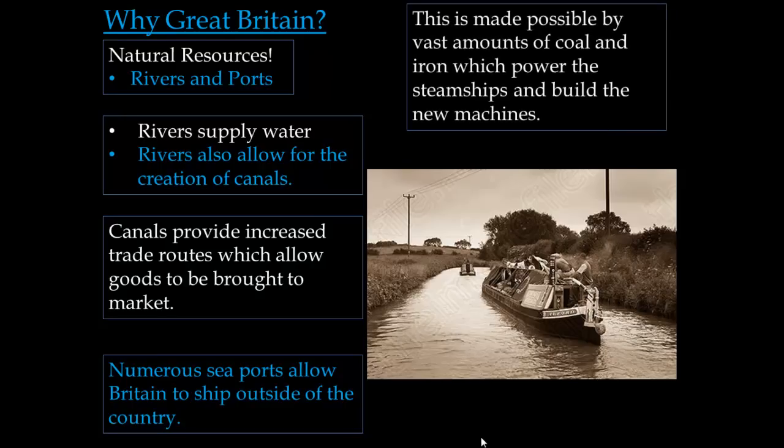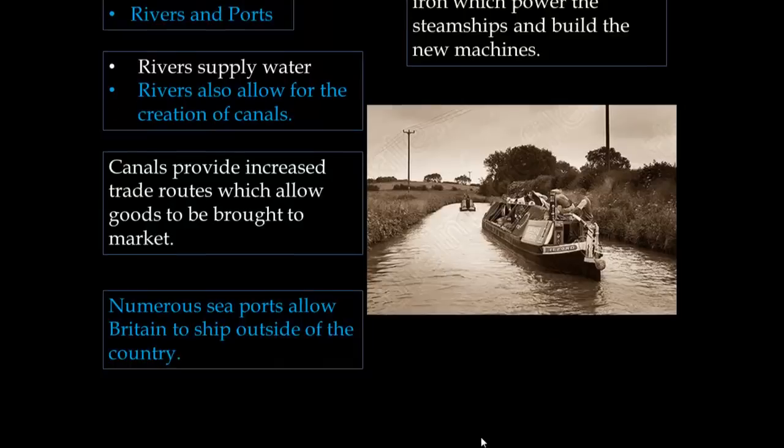And all of this is really made possible because of the vast amounts of coal and iron that Britain has. The coal is going to begin powering the steamships once those are built, and the iron is what's going to be mainly used to build all of these new machines.